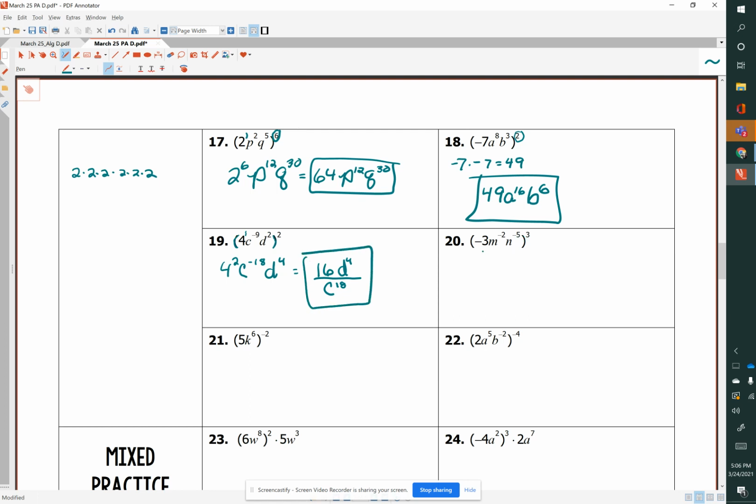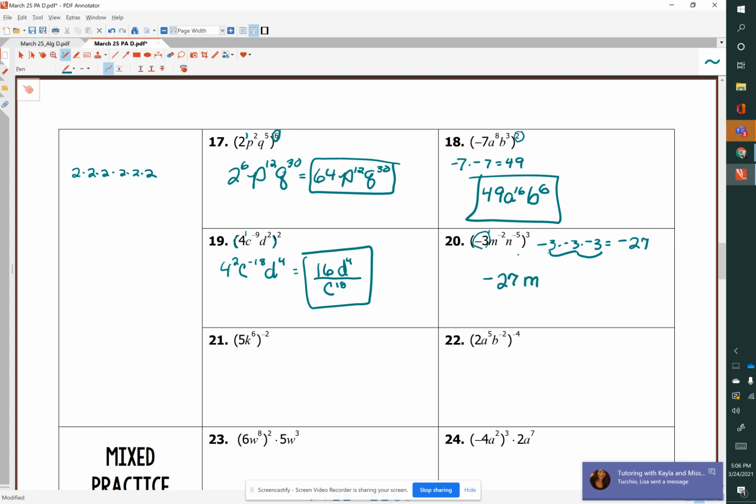Number 20, we have negative 3 raised to the third power, so that's 1 times 3. So negative 3 times negative 3 times negative 3 equals negative 27. So it will turn positive and then turn negative again. So negative 3 to the third power is negative 27.